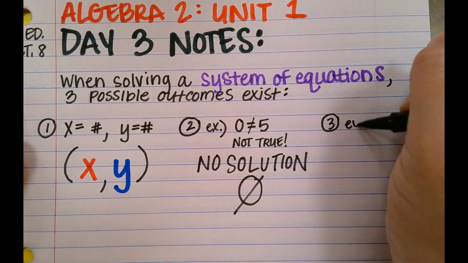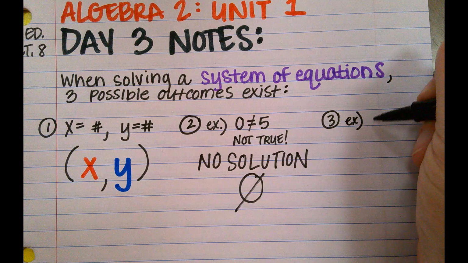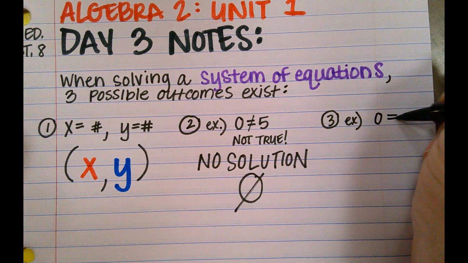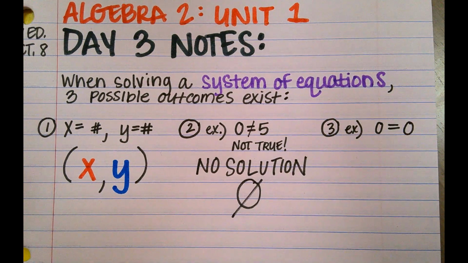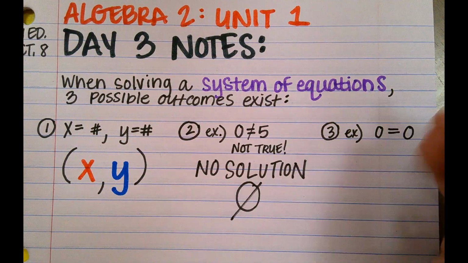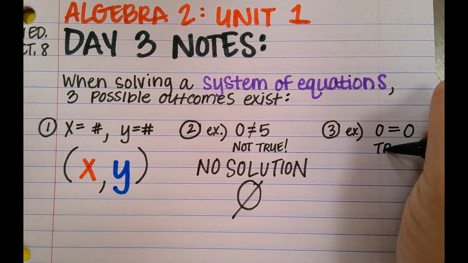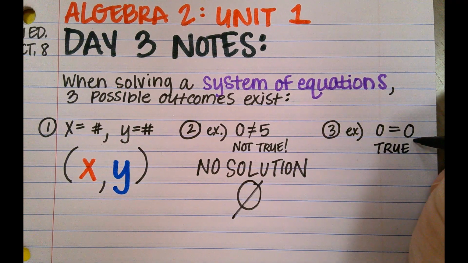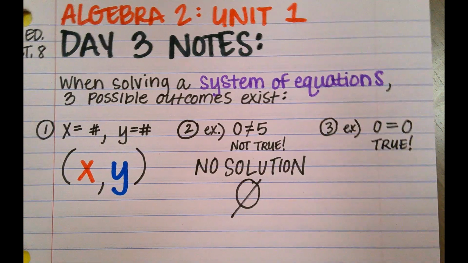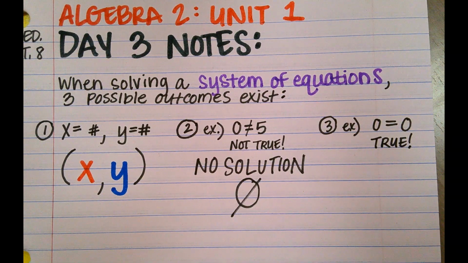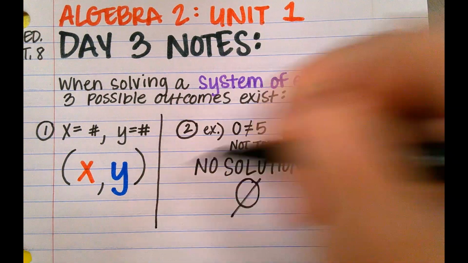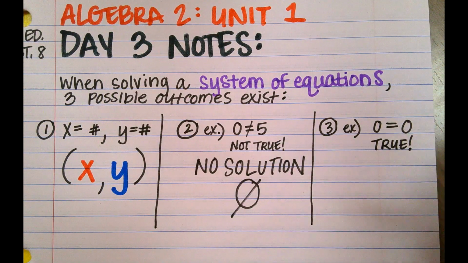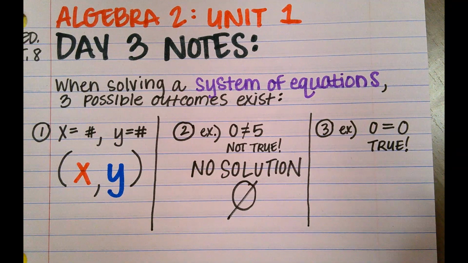So I'll write again, example, 0 equals 0. True. It's true. Then write, here I'm going to draw a line between this, infinite solutions.